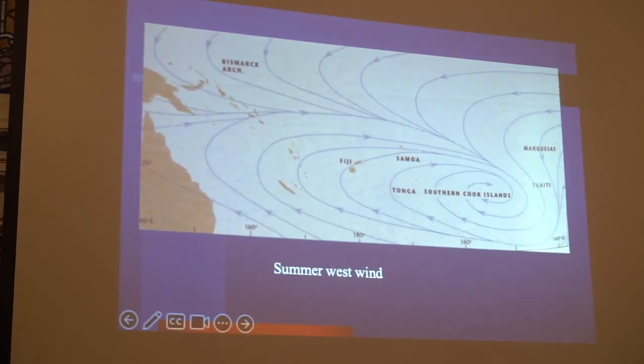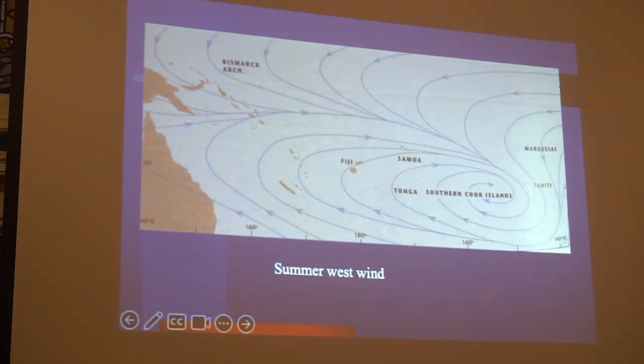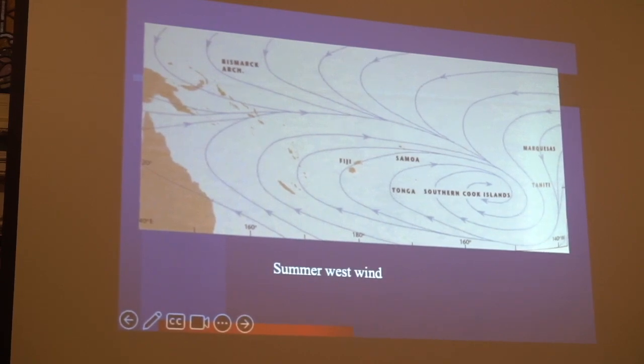On the other hand, during some years, particularly El Niño years, that trade wind pattern can shift entirely, and the wind can blow to the west, including during summer, which means it sets up the possibility of navigating by running downwind from east to west and then returning. There's not a lot of evidence that was done much in long-range navigation, but at least it set up the possibility that the wind isn't always blowing from the same direction all the time.